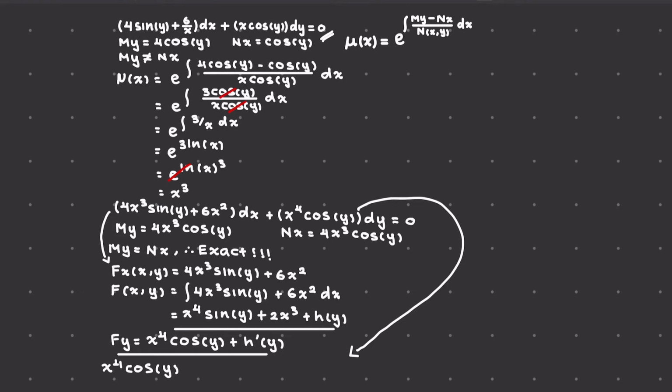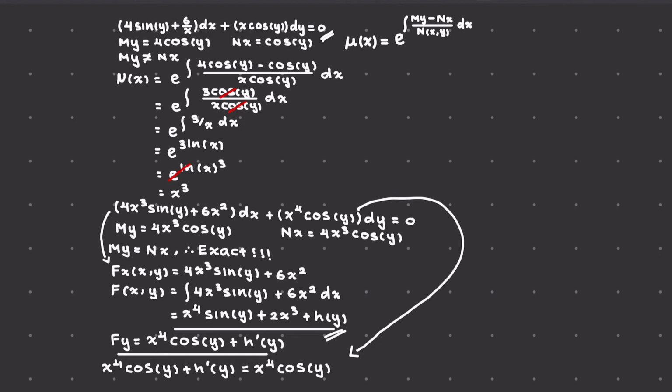So x to the fourth cosine y plus h prime of y equals x to the fourth cosine y.